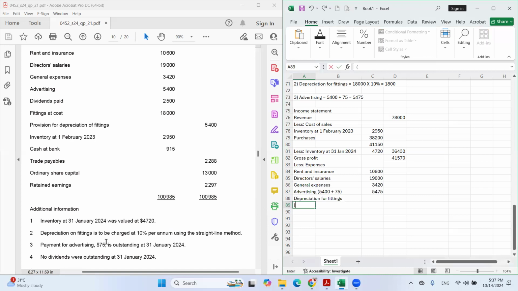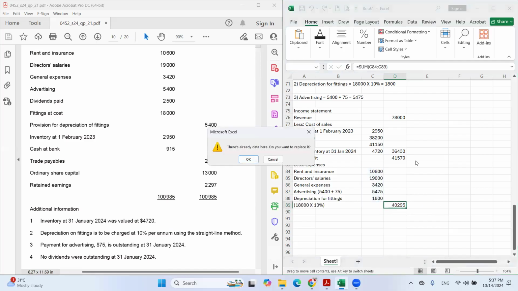Show your working, how you get it. 18,000 times 10%. So this amount is 1,008. Okay, is there any more? There are no other expenses. So we just add the total. Okay, this is the total expenses.